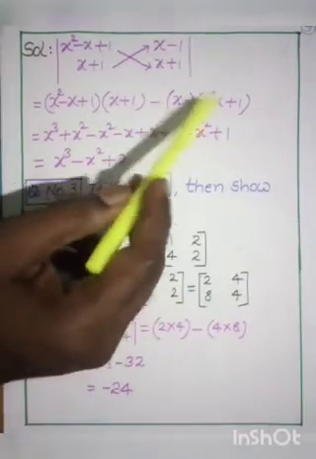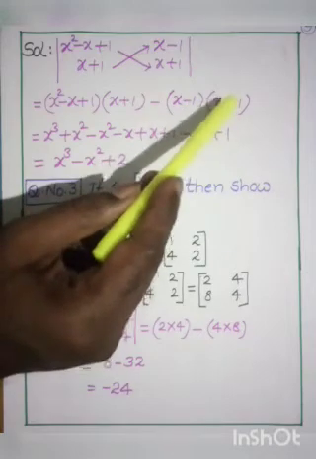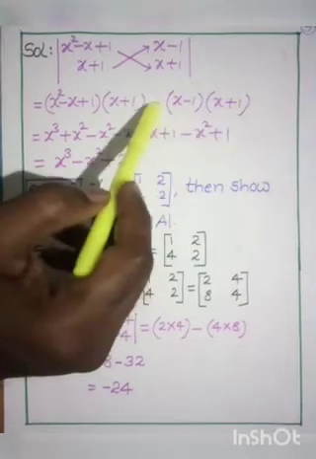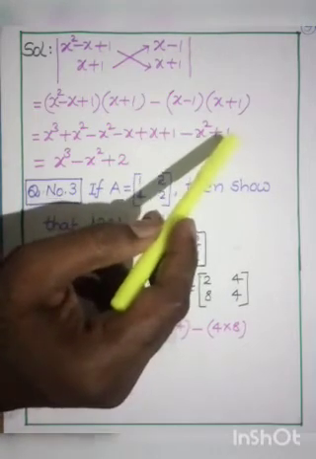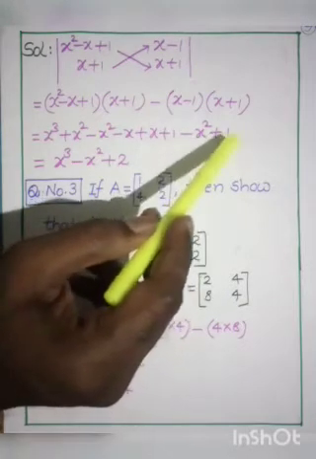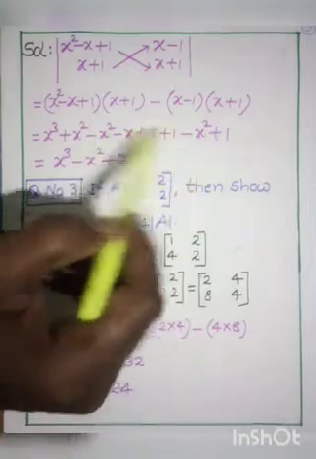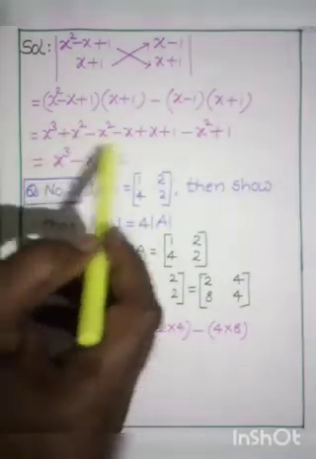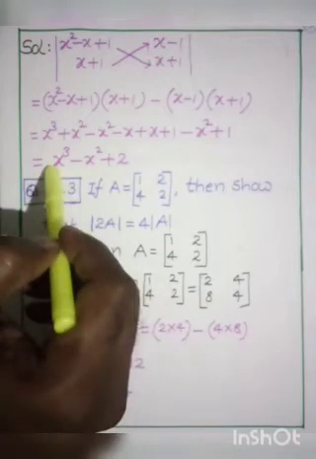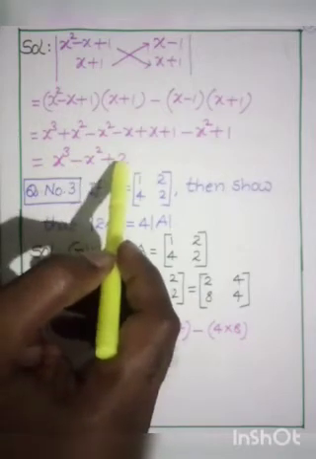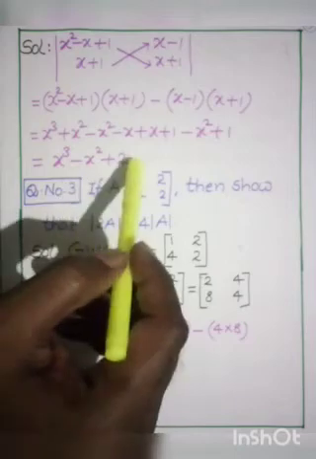Minus. If we multiply these two expressions, we get x square minus 1. After multiplying by minus, we get minus x square plus 1. I wrote this step directly, my dear children. Understood this step? Now, by simplifying this algebraic expression, we get these three terms: x cube minus x square plus 2. Understood this step, my dear children?